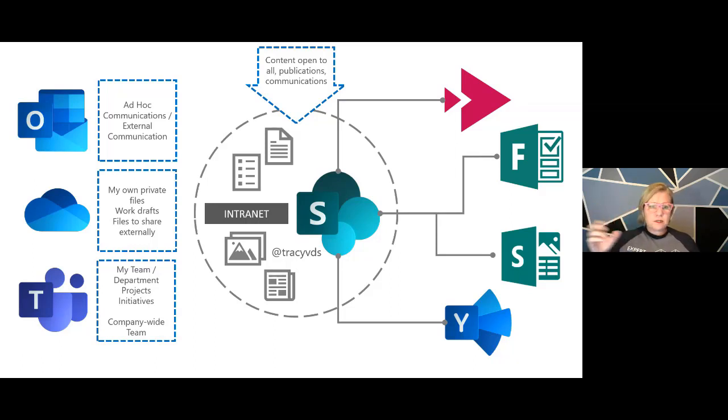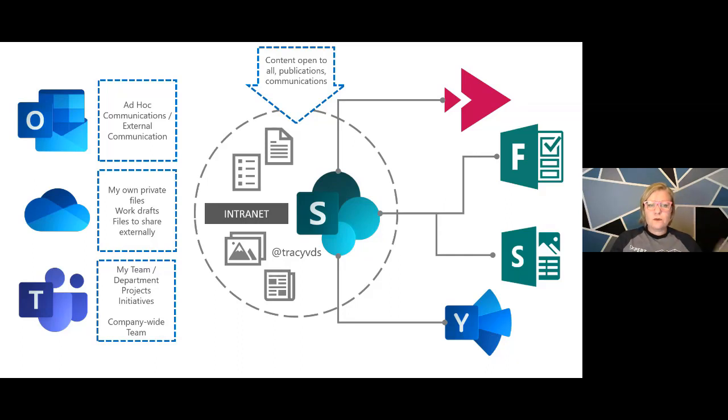Projects, initiatives, and when I say initiatives, maybe it's a strange example, but let's think of the Exco team, because the Exco might not be a department, but it's something that runs across. Or another example could be the change management or adoption team.